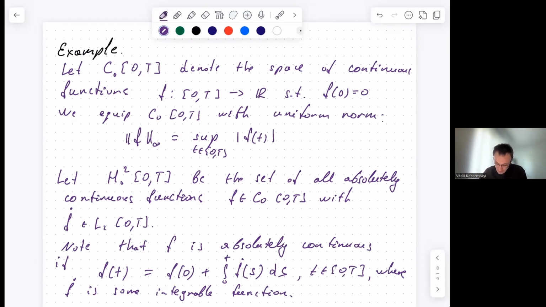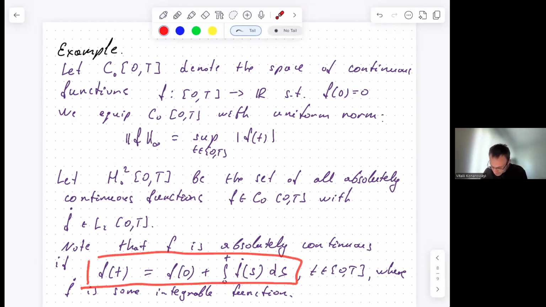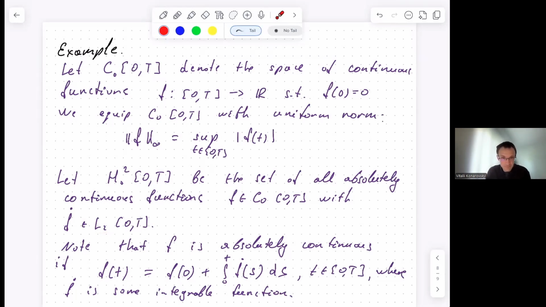And then we consider, once again, this set of absolutely continuous functions, or functions that can be written in this form with some function that is square integrable, such that the integral of f dot squared is finite for every t.